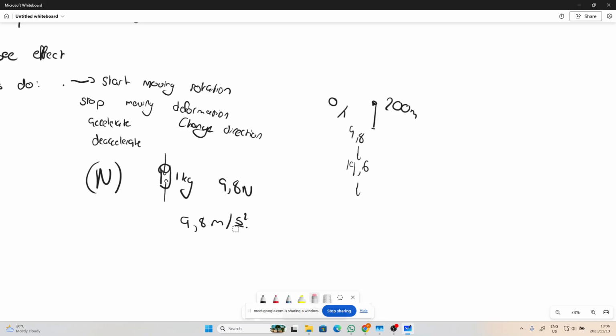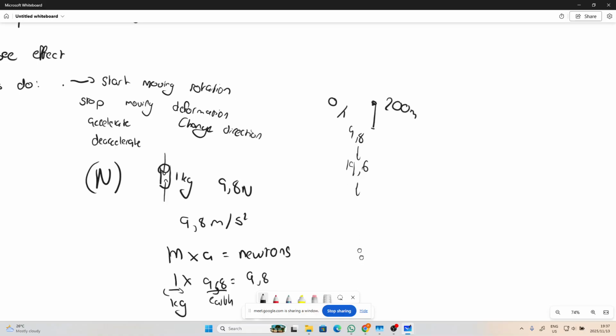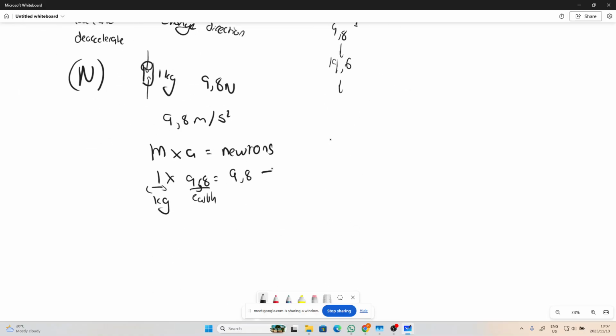To calculate newtons in this case, we take our mass times the acceleration, which gives us our newtons. So it's 1 kilogram times 9.8, which gives us 9.8. Generally, we work in kilograms for this, and this is Earth's gravity, unless it tells you otherwise. And this is your weight.